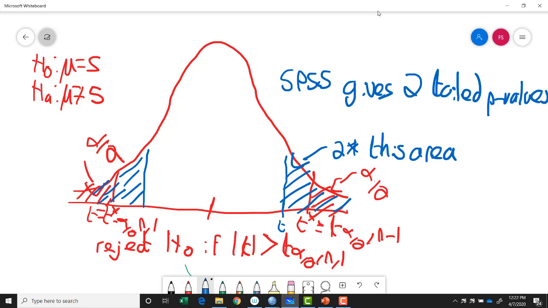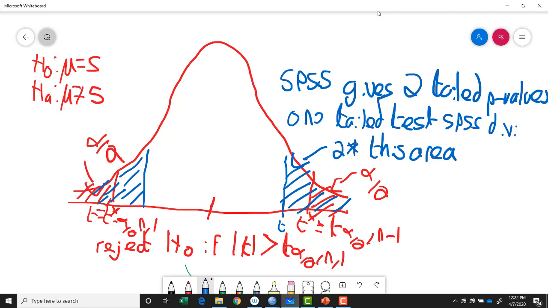So what we have to ensure, if we're doing a one-tailed test with SPSS, we need to divide the p-value by 2. Because here we have to multiply it by 2. So again, we're going to reject H0.